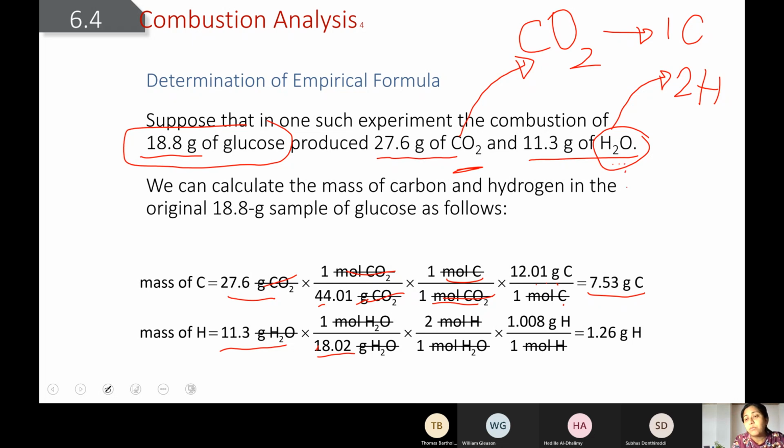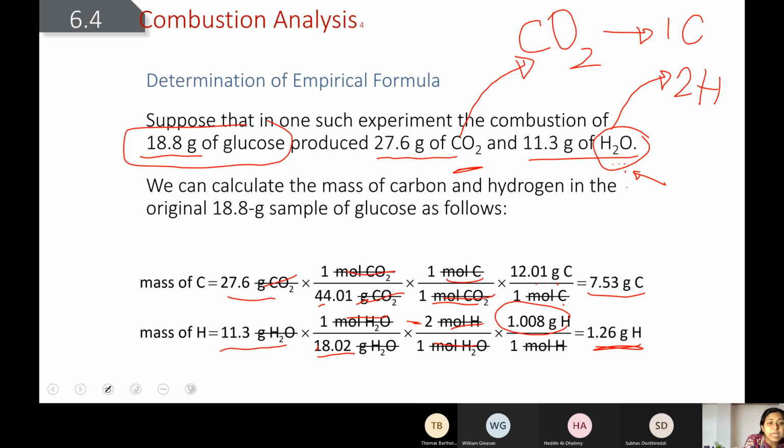In 1 mole of water, there are 2 moles of hydrogen. So moles of water cancel out. Now we have the answer in moles of hydrogen, and you change the moles of hydrogen to the grams of hydrogen by using the molar mass of hydrogen, and you get the final answer as 1.26 grams of hydrogen.